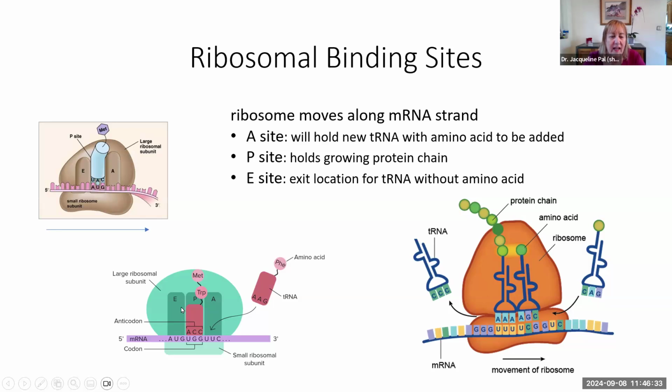The transfer RNA gets shifted over to the E site, and it gets kicked out from the E site. The whole thing gets shifted down so that there is a new codon just below the A site, so a new transfer RNA can be added in at the A site, bringing a new amino acid with it.